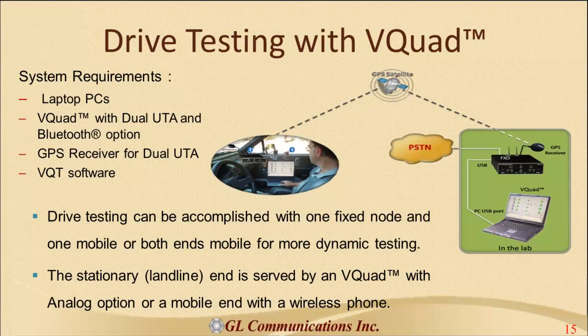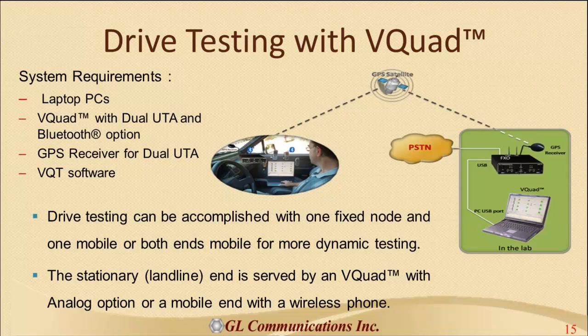Based on that, the stationary end is served by a Vquad with analog option, or a mobile end with a wireless phone. Once this setup is done, through GPS communication with the satellite, with one mobile end Vquad and the other static end Vquad, you can place the calls using different interfaces.